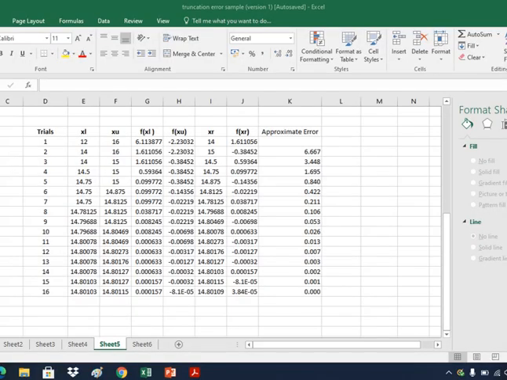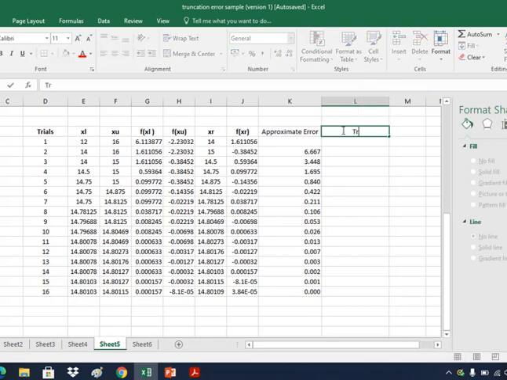So now, how will we stop? So we will compute for the true error. So we know that the true value of the root xr true is equal to 14.8011.